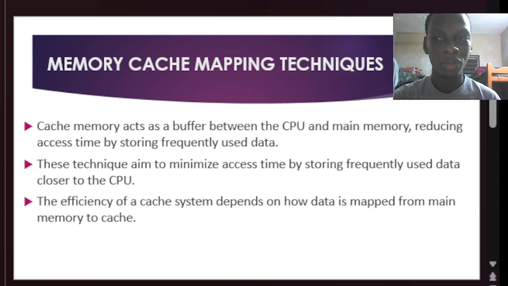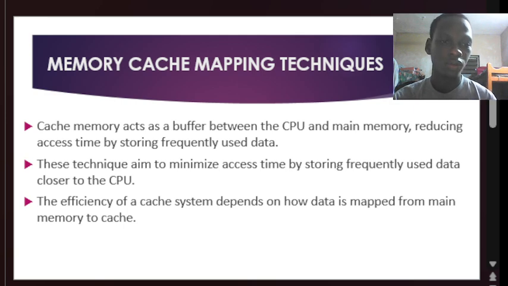So the cache memory actually stores frequently used data so that the CPU is able to access it for faster processing. The technique here aims to minimize access time by storing frequently used data closer to the CPU.